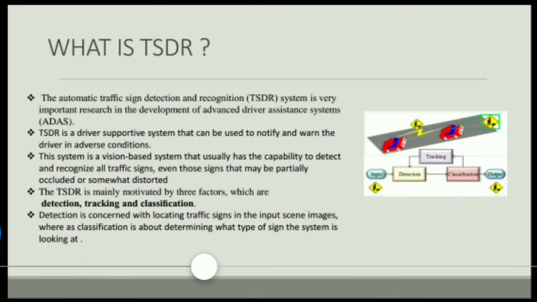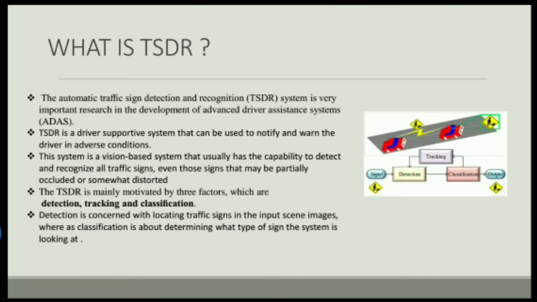Keeping this information in mind, let's speak about TSDR. TSDR is an automatic traffic sign detection and recognition system, where we can automatically detect the signboards while we are traveling on the roads. Even if the driver fails to notice them, the system should be able to capture these signboards without human interference. It works by capturing visual photos, collecting the raw data and sending it to the machine's intelligence.